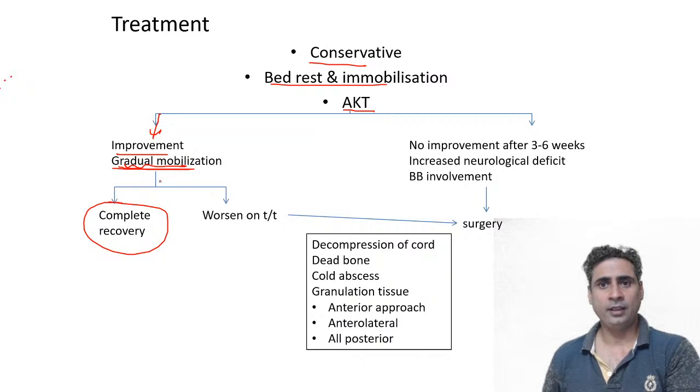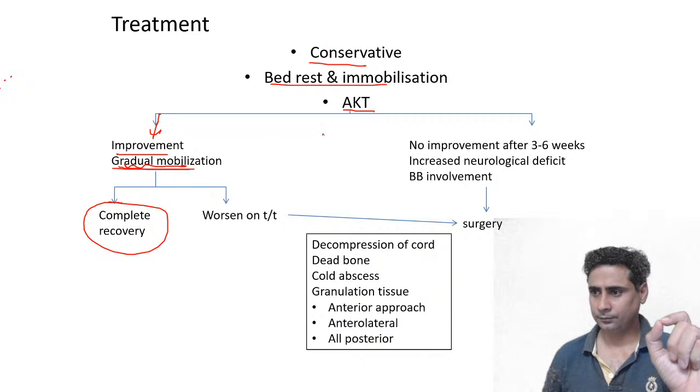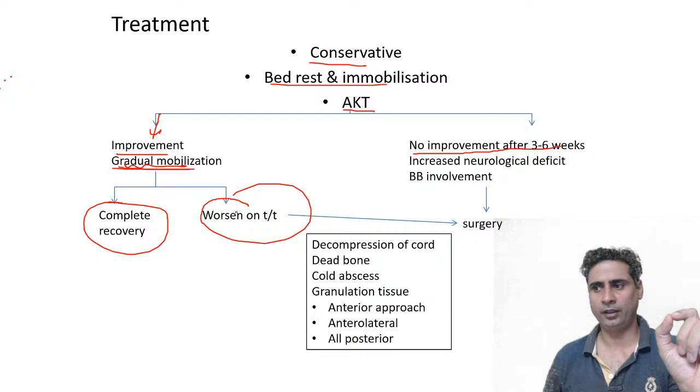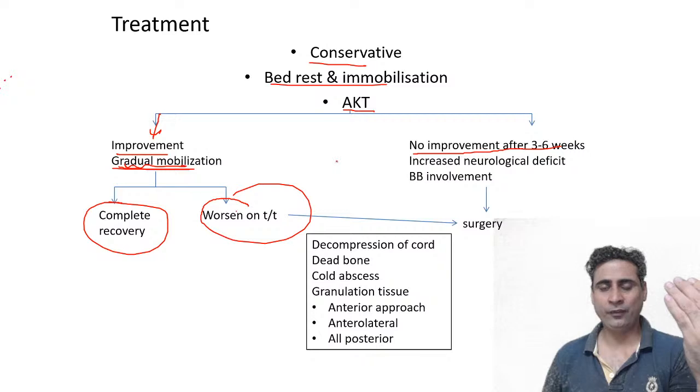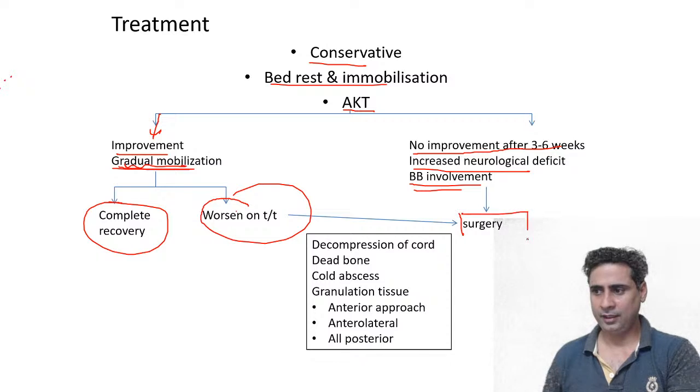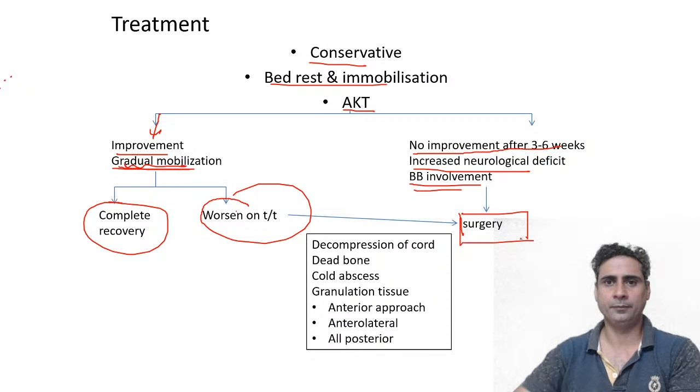If there is no recovery on conservative treatment, or the patient is worsening on conservative treatment, or if the neurological deficit is going into higher grade, increasing in severity, or there is involvement of bladder and bowel, in that case surgery is indicated.